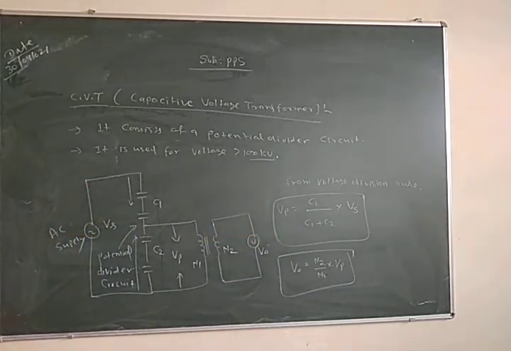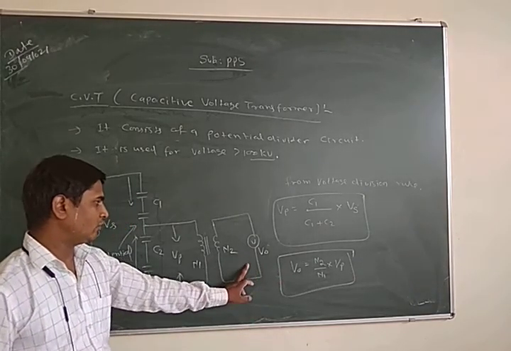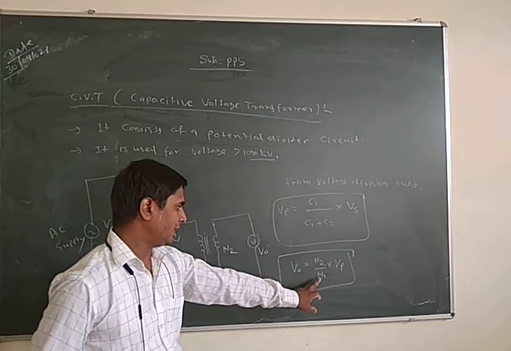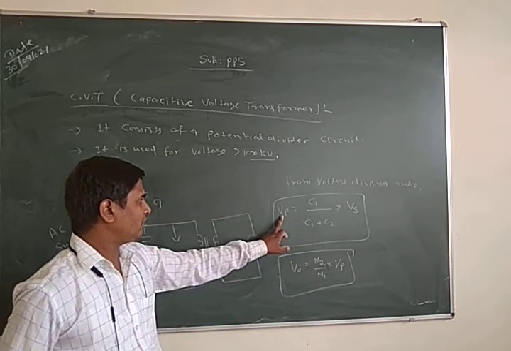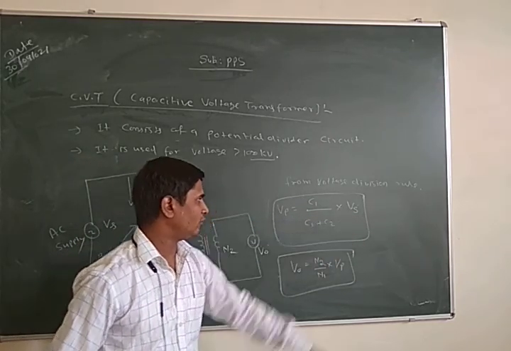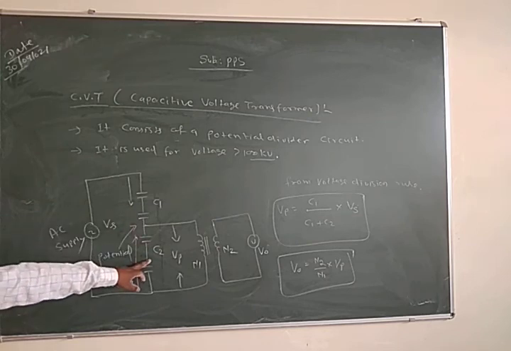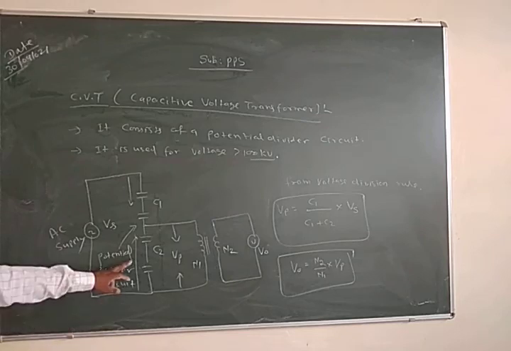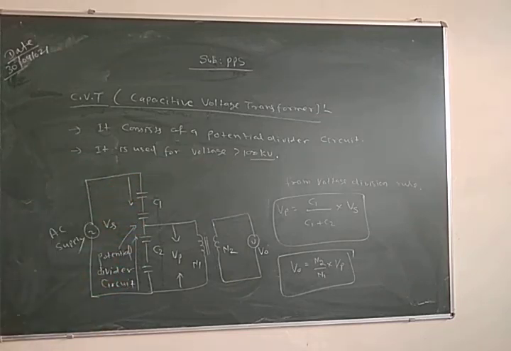So in this way we can calculate the output voltage or measured voltage by the voltmeter, that is equal to N2 by N1 into Vp. And from potential divider circuit, Vp is equal to C1 upon C1 plus C2 into Vs, that is supply voltage. This capacitance divider circuit reduces the size of instrument transformer, due to which this type of transformer is used for greater than 100 kV supply.